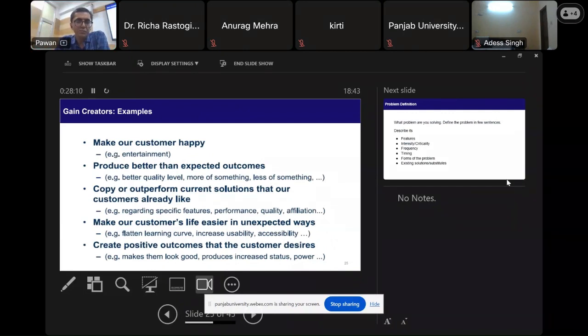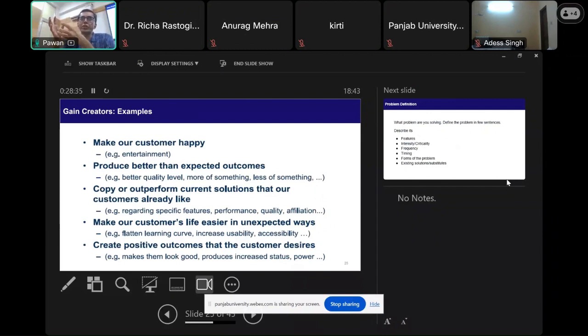Creating positive outcomes which the customer desires, making them look good, power status, social status. Say Rolex, I gave you an example. What is the selling proposition? If you wear it, it gives you a certain kind of social enhancement. Cars, luxury cars. So, what is the difference?